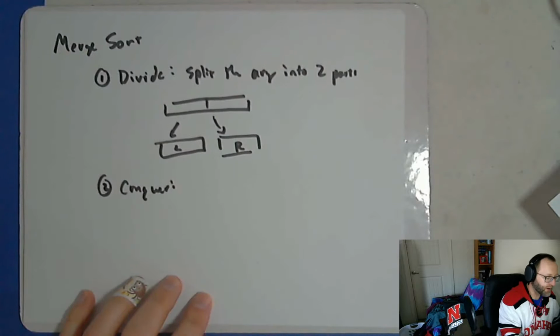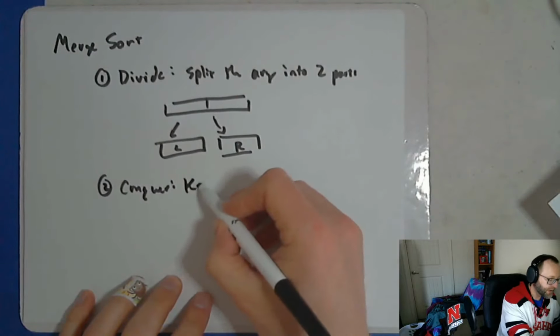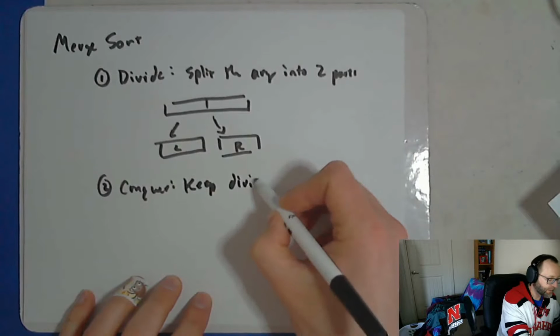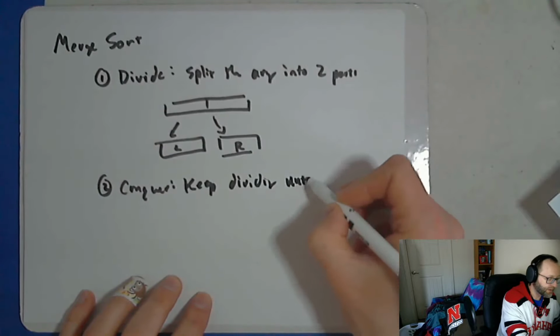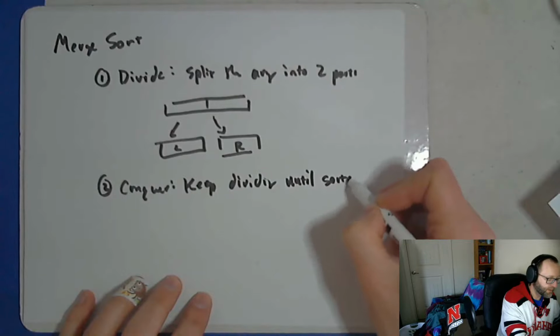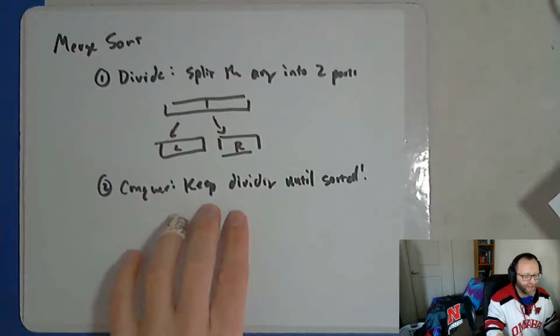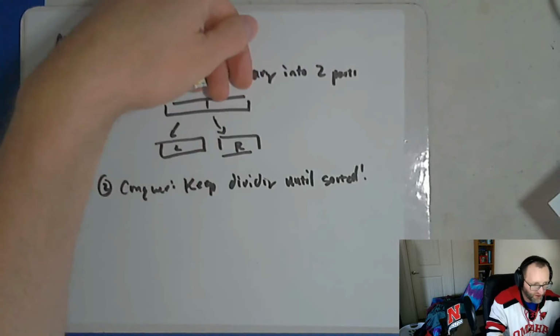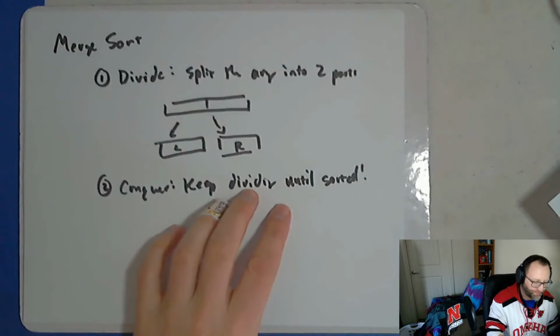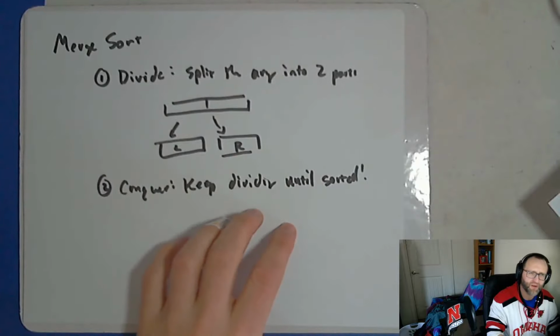The way that you conquer is you keep doing this, keep dividing until sorted. Now, it's not that simple as far as the whole thing goes, but that's the idea. You just keep dividing it until it's sorted. What's something that's sorted without having to do any work?